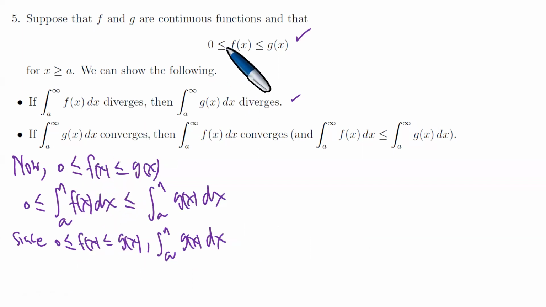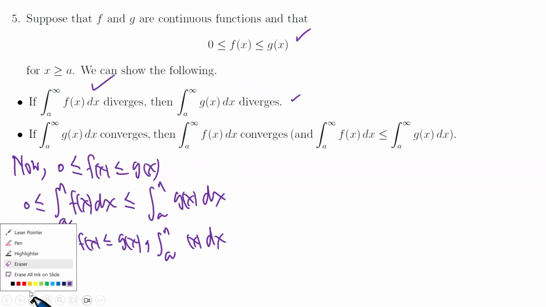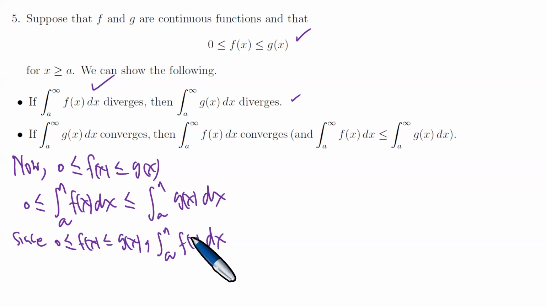First we look at the fact that f is smaller than g, and you can take the integral on all the sides, since these functions are ordered in this manner. And in the first part, we have that the integral of f of x dx diverges.